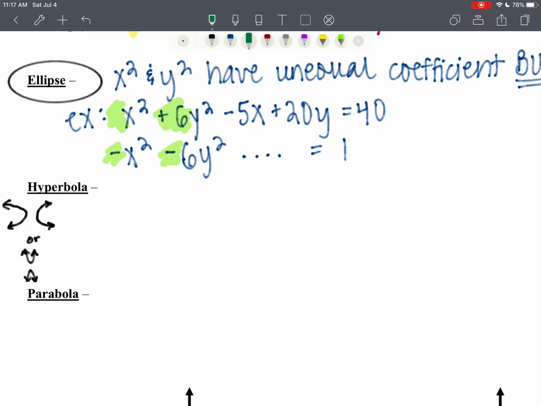Now, a hyperbola happens when x squared and y squared have opposite signs. One is positive, one is negative.